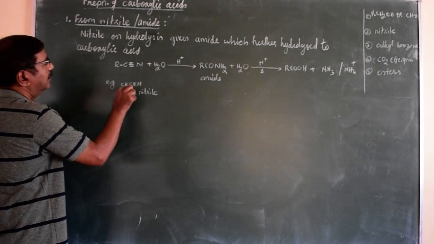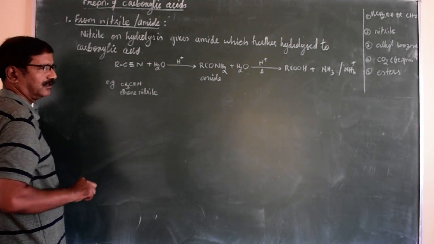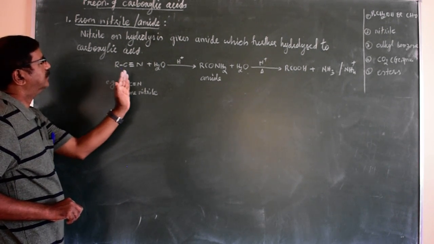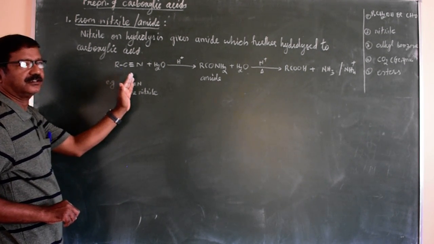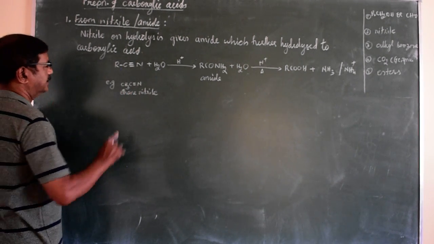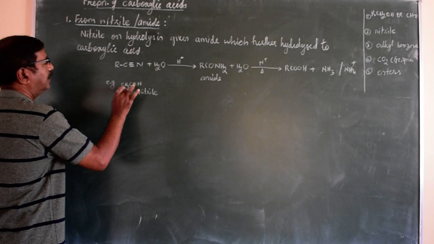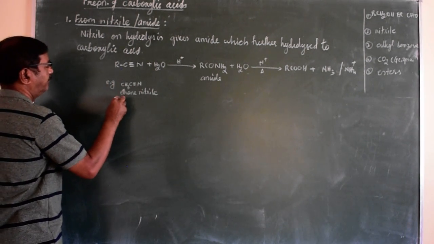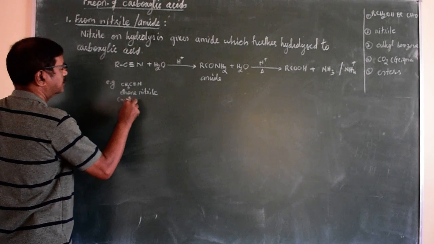Whenever you name the CN compounds as cyanide, the carbon of CN is not considered. The remaining carbons are considered, so it is methyl, then cyanide. CH3CN is methyl cyanide in the common system.